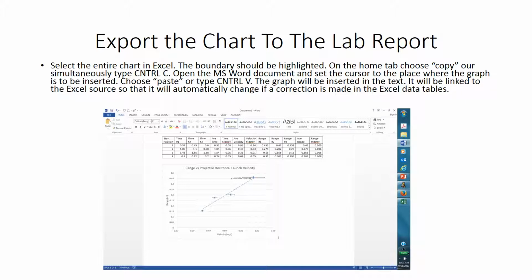Then click Paste or Ctrl-V and the graph will appear at that location. The graph will be linked to the data source in Excel. So if there is a correction to be made in the future in your Excel data tables, the graph will automatically adjust.